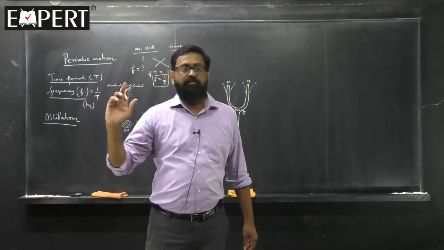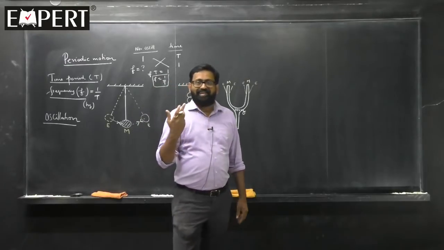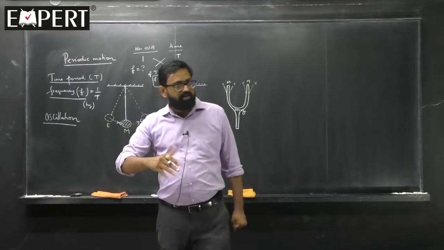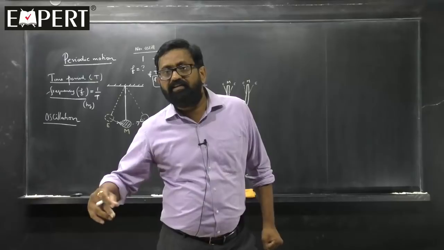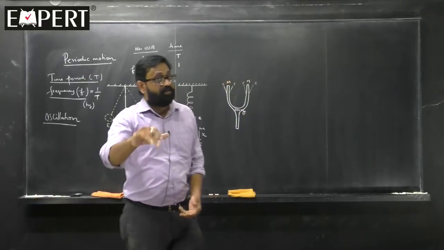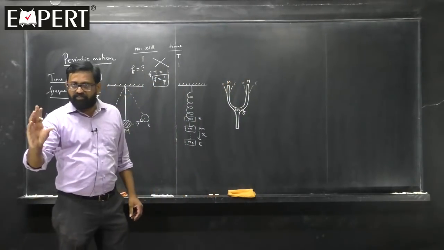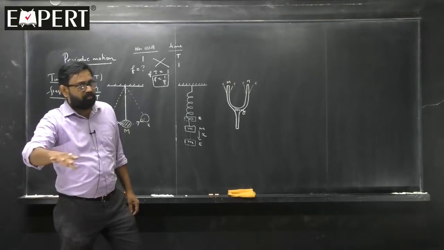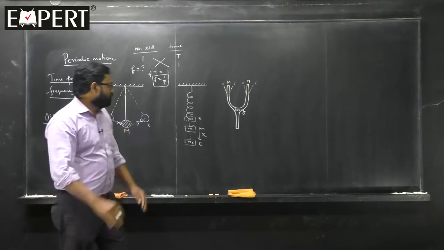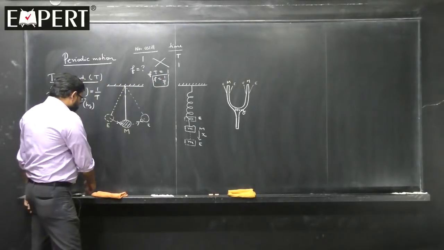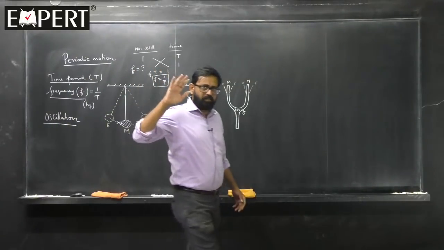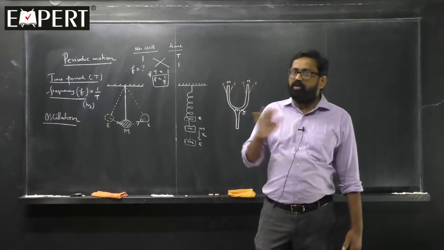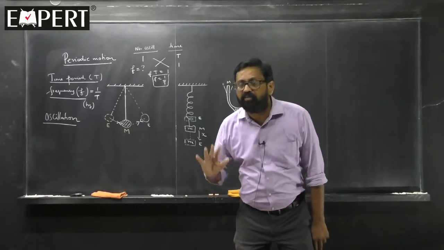Motion of the satellite around the planet is periodic, but it is not oscillatory. Motion of the planet around the sun is periodic, but it is not oscillatory. Rotation of the earth about its own axis is a periodic motion, but it is not oscillatory motion. So, at the end, what I want to conclude here is that all the oscillatory motions are periodic, but all the periodic motions need not be oscillatory.